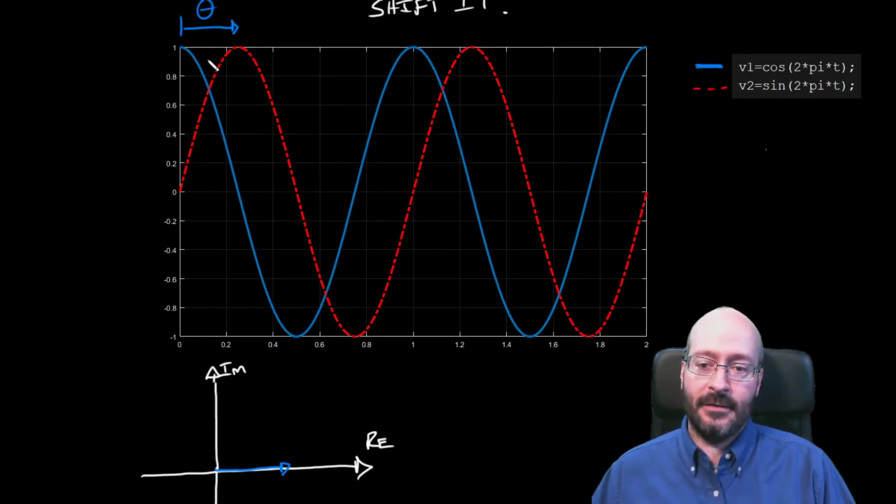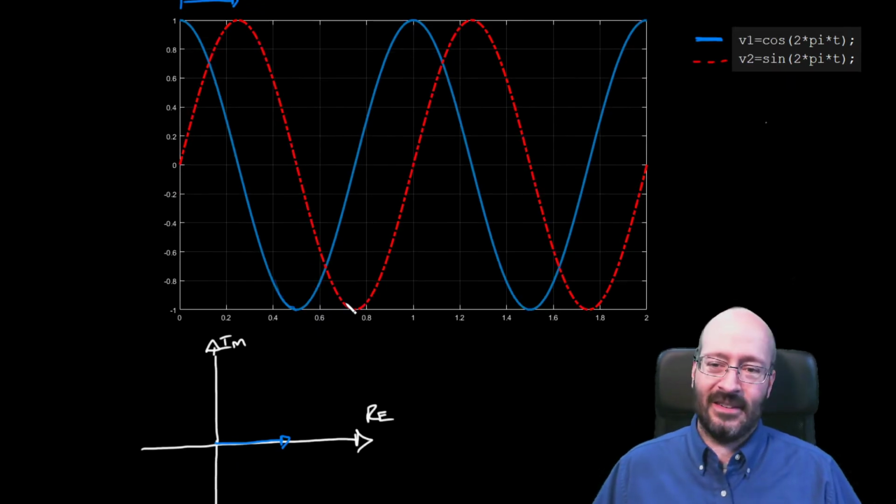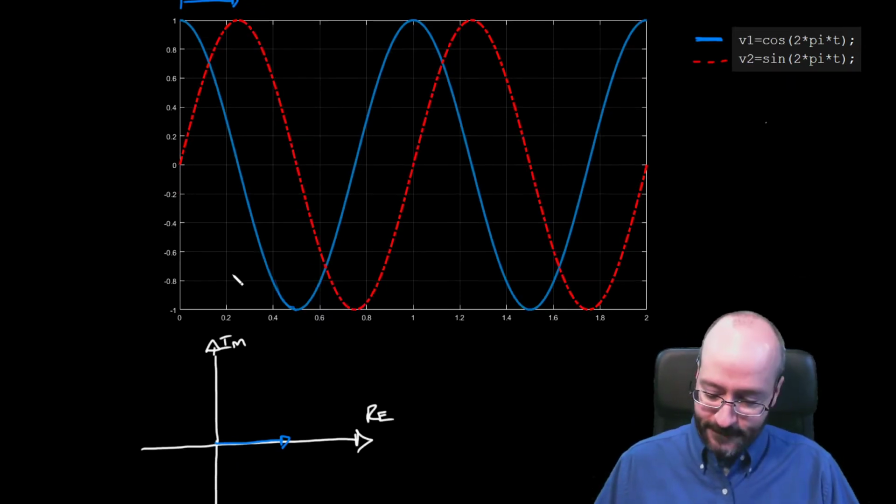It starts at 1, it heads towards 0, -1, back to 0, and then finishes off one rotation at +1. It does the same thing in the second rotation. The sine plays a similar game, but it starts at 0, and then it heads to 1.